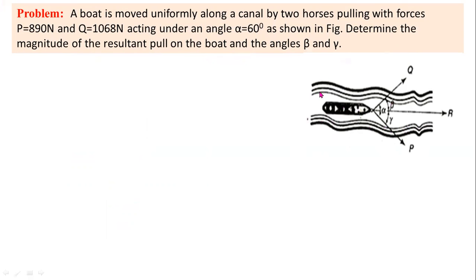Here, this is the boat and this is the diagram. You have to assume this is a canal. Q and P are the two horses, and these two horses are pulling the boat in the canal. The force applied here: force P equals 890 newtons and force Q equals 1068 newtons.